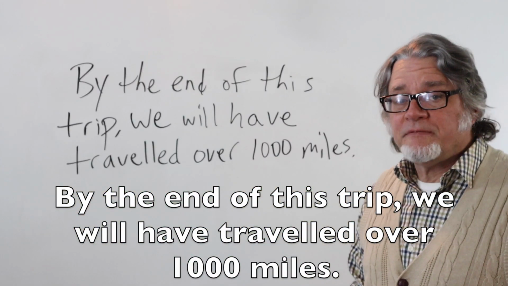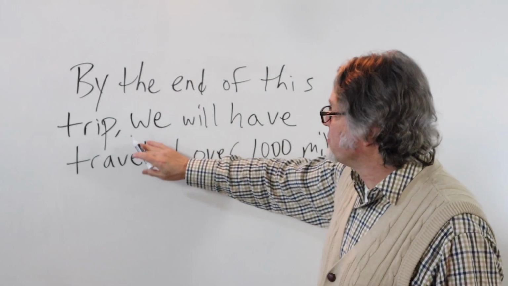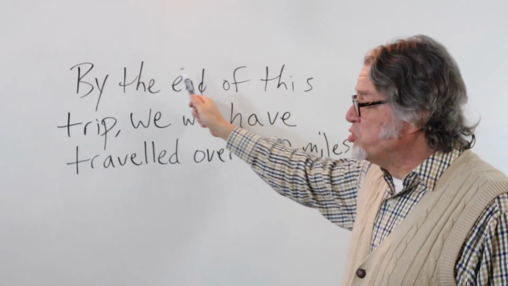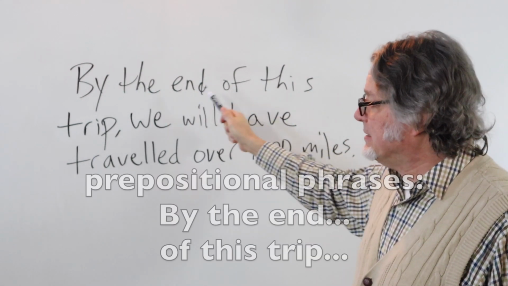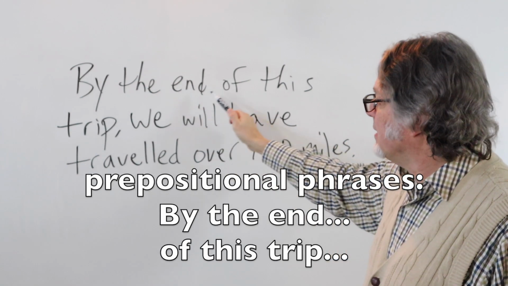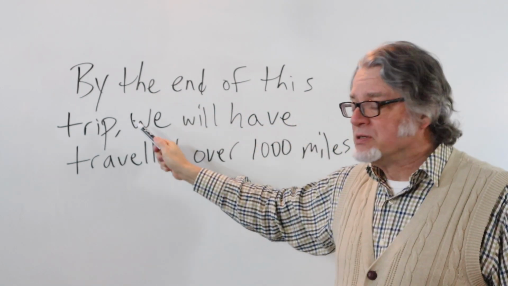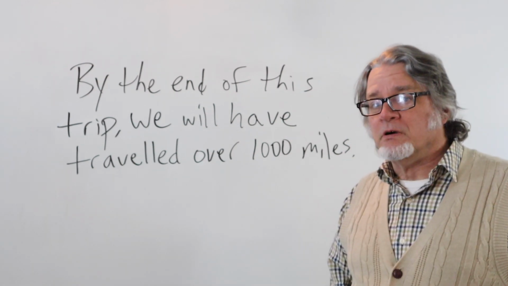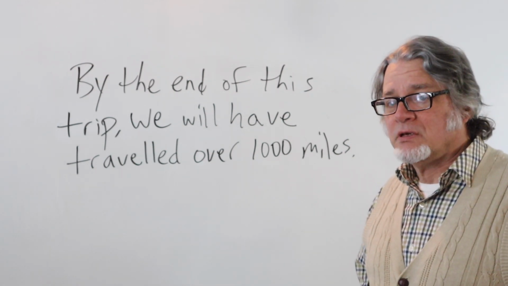By the end of this trip, and then here's a comma. This is actually two prepositional phrases that begin the sentence. By the end and of this trip. So there's a comma here. We will have traveled over 1,000 miles.